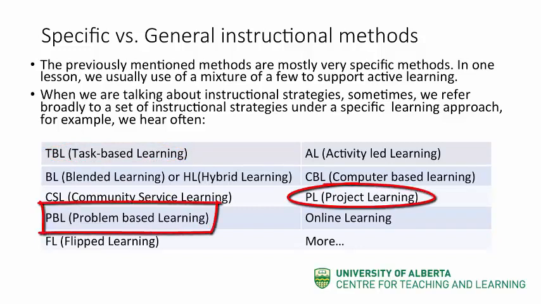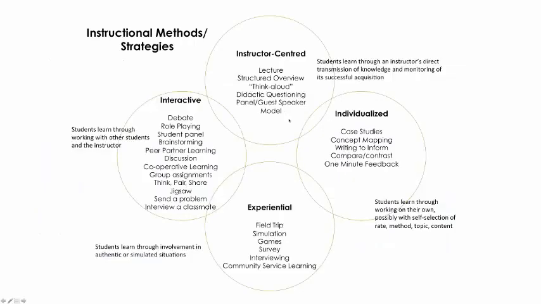These represent very general strategies for student learning. The diagram you see in front of you now has more specific instructional methods. The 4 circles represent different orientations, from instructor-centered with the traditional lecture to more interactive and individualized.